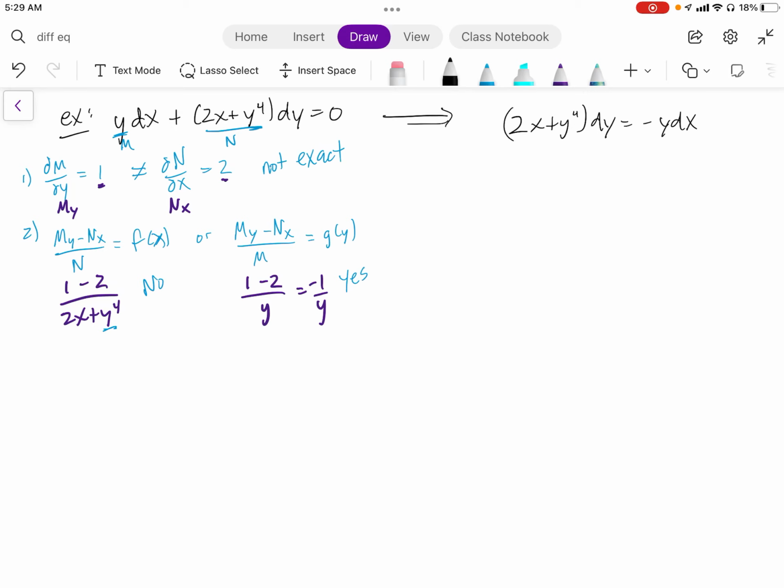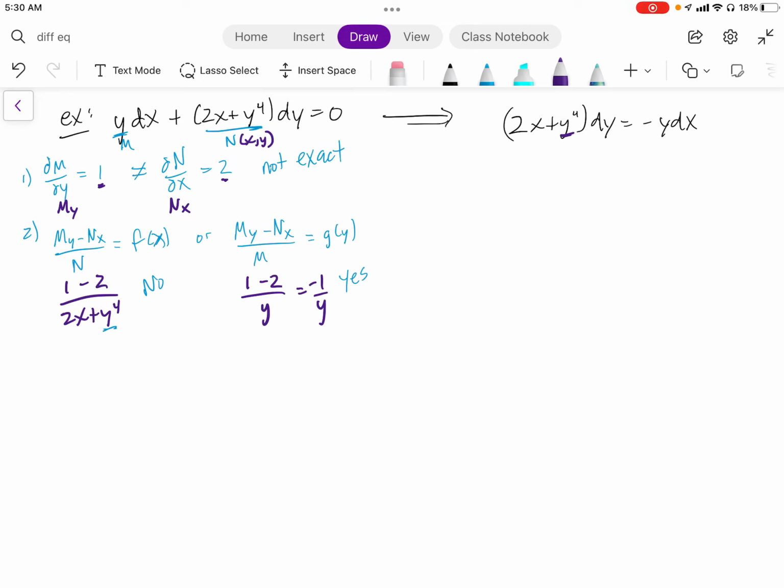If we divide by that 2x plus y to the fourth, no matter how you see it, this has a function of x and y, which is typically why we shoot for exact, because M and N are both functions of x and y. It's not going to work.